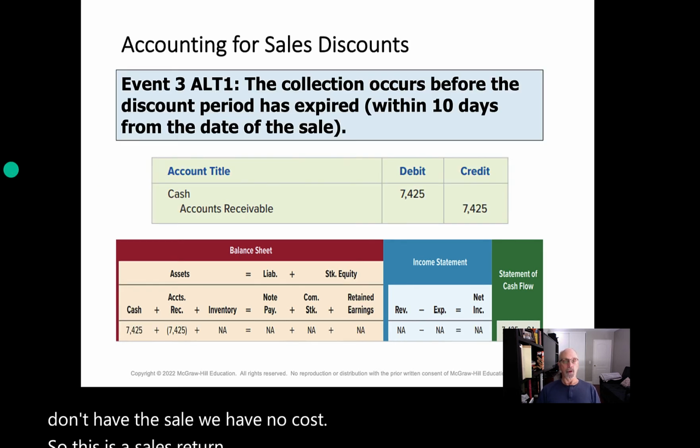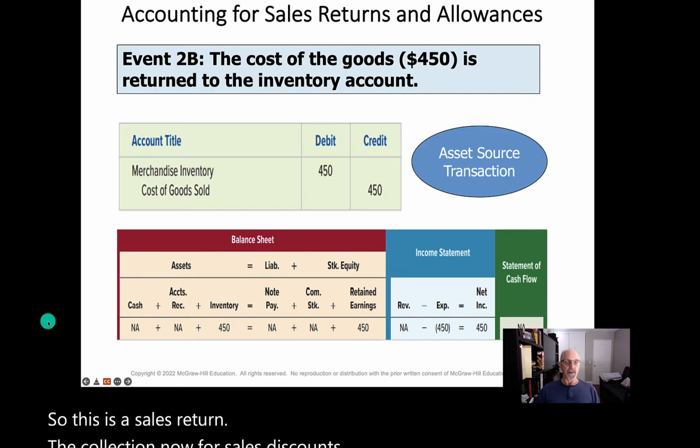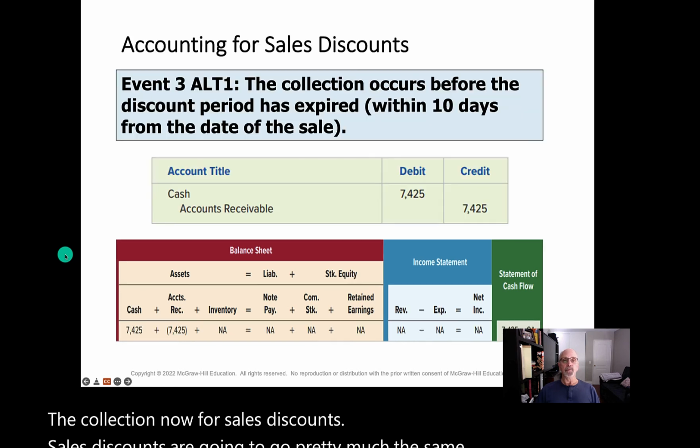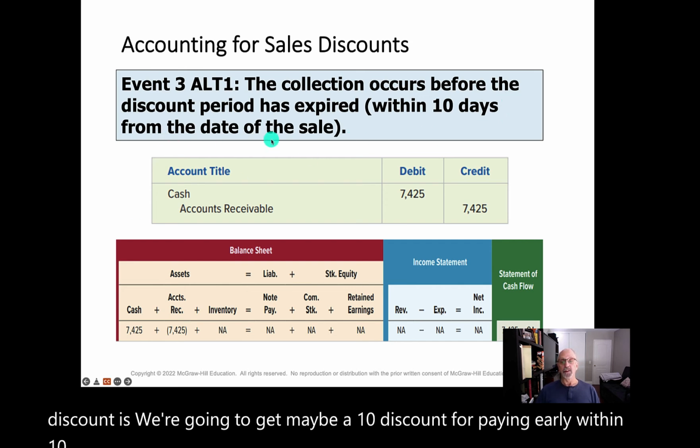The collection. Now, sales discounts are going to go pretty much the same way a purchase discount is. We're going to get maybe a 10% discount for paying early, within 10 days of the sale date.